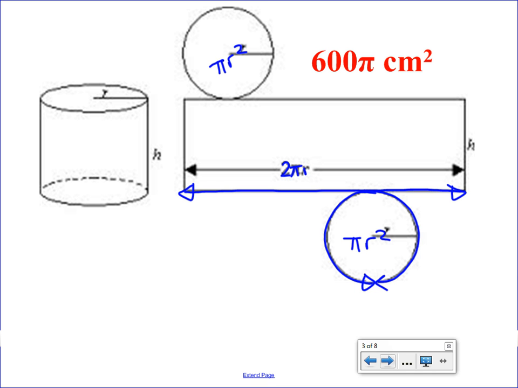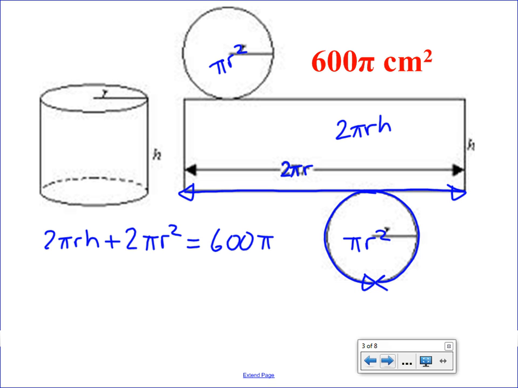And so the area of this rectangle will be 2 pi r h. Agree? Okay, so the surface area is 2 pi r h plus pi r squared plus another pi r squared, and we're told that that equals 600 pi.